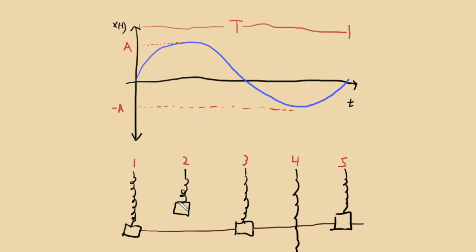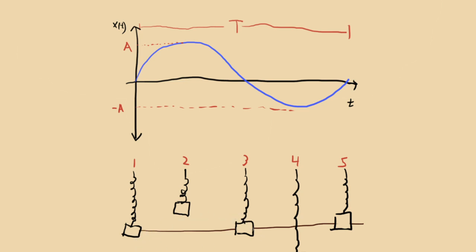We're measuring the displacement, so at point 2 we're at our max amplitude. At point 3 we come back down to the equilibrium position. This brown line is the equilibrium position, and then at point 4 we're down at our negative amplitude, and at 5 we're back at equilibrium. So this would be one full cycle.